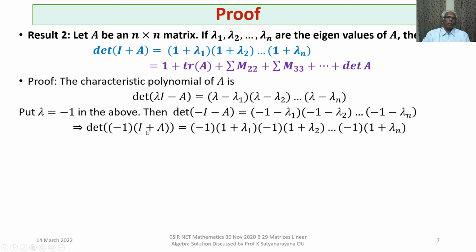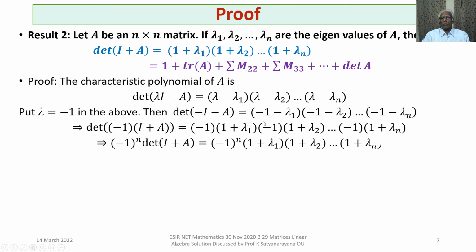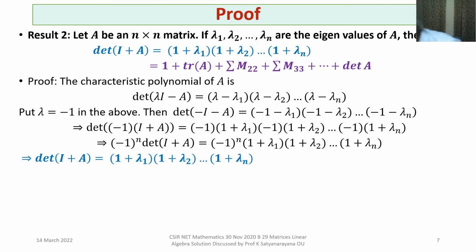I plus A is a matrix of order n, so the minus 1 comes out as minus 1 to the power of n times the determinant of I plus A. On the other side, minus 1 taken n times gives minus 1 to the power of n times the product of the factors. Now cancel minus 1 to the power of n on both sides, and you will get the first result.